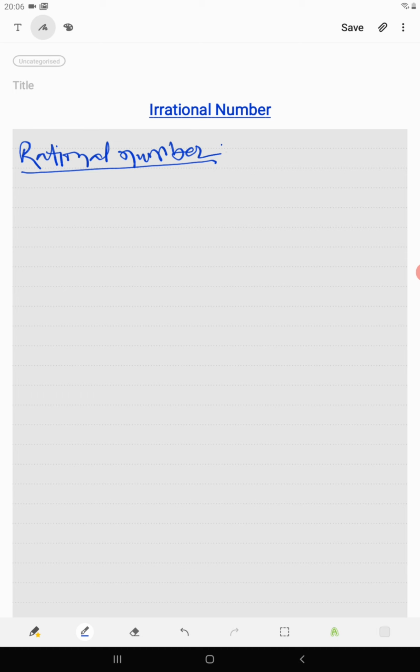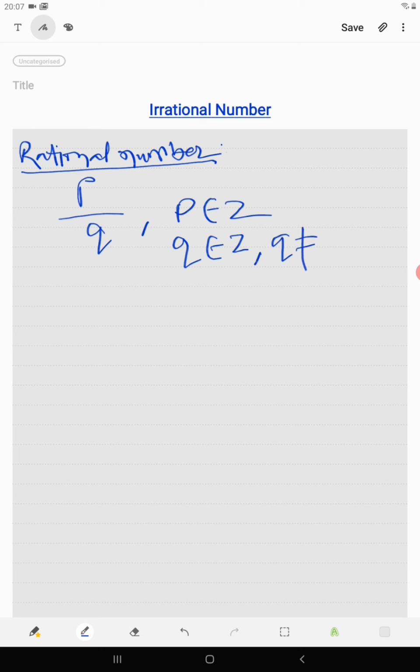A rational number is a number which can be represented as a ratio of P by Q, where P is an integer, Q is also an integer, but Q should not be equal to 0. Understand, it should not be 0. If it is 0, then it is irrational. So P belongs to integers, Q belongs to integers, and Q not equal to 0.